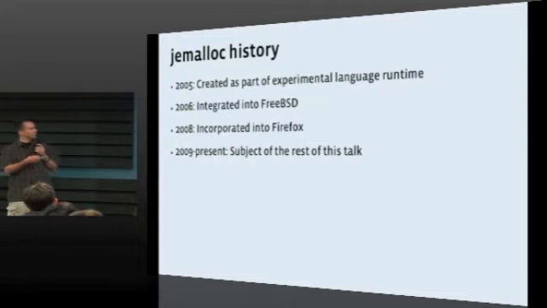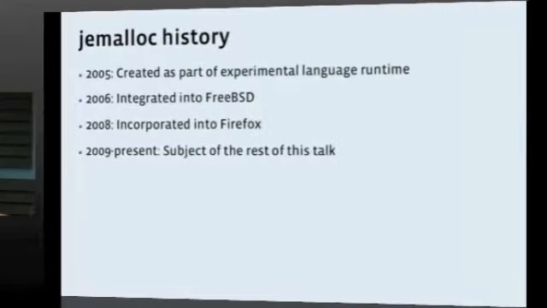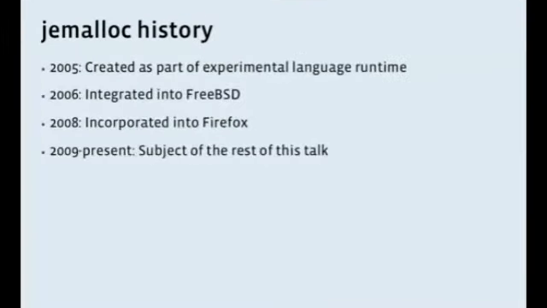So when it first went into FreeBSD, it solved the thread scalability problem. With multi-CPU systems, there's a problem with locking. You have to be really careful to avoid synchronization bottlenecks. And it solved that problem, but it had a lot of fragmentation issues. And so right off the bat, I had to rewrite the core layout algorithms in order to improve the fragmentation behavior.